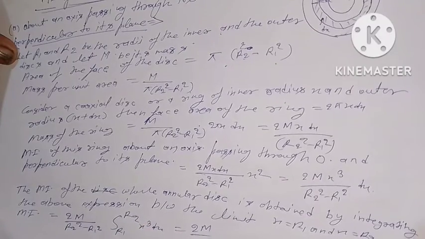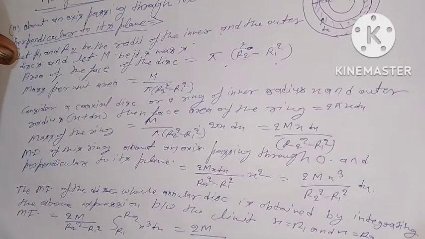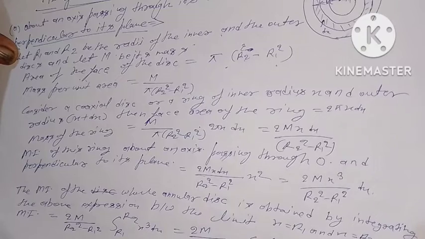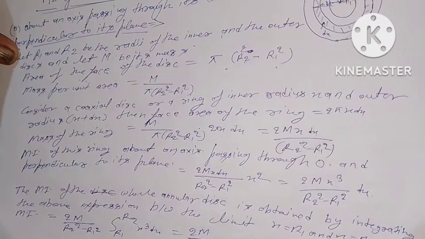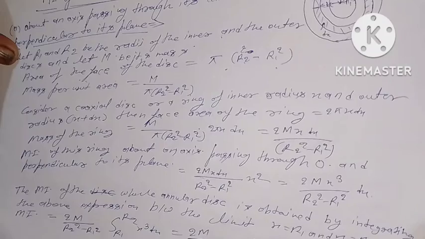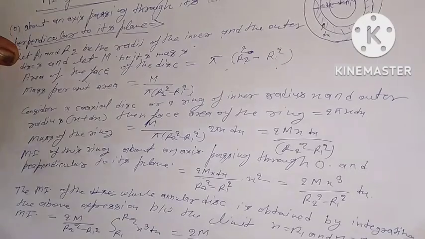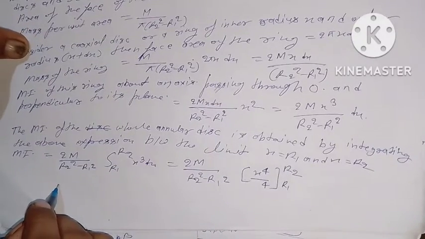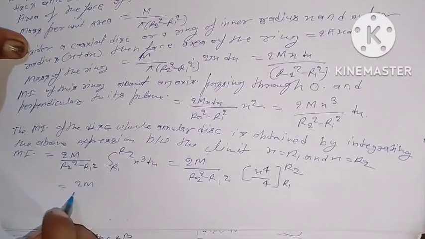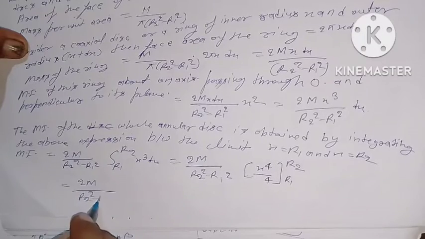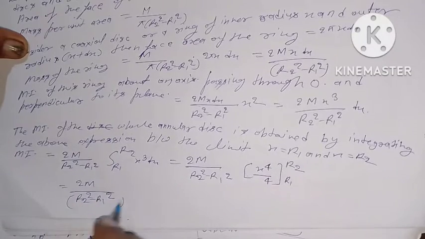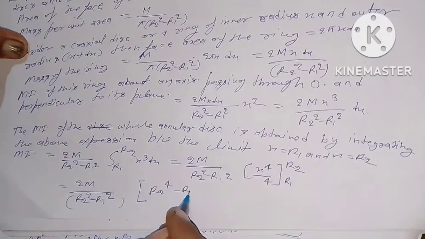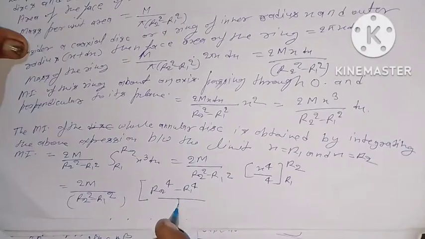That is 2 capital M upon R2 square minus R1 square, into x power 4 upon 4 from R1 to R2, which is 2 capital M upon R2 square minus R1 square, into R2 power 4 minus R1 power 4 whole upon 4.